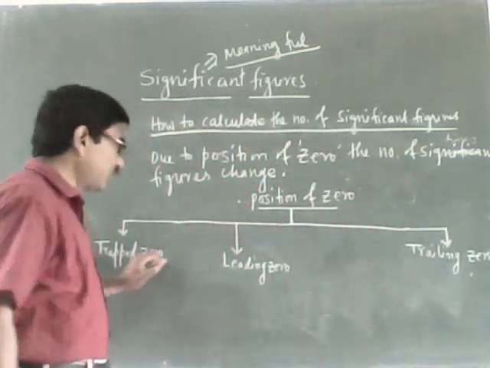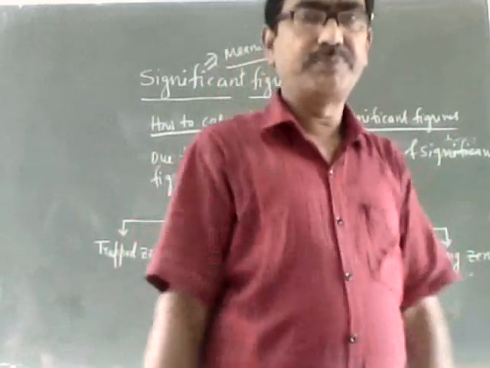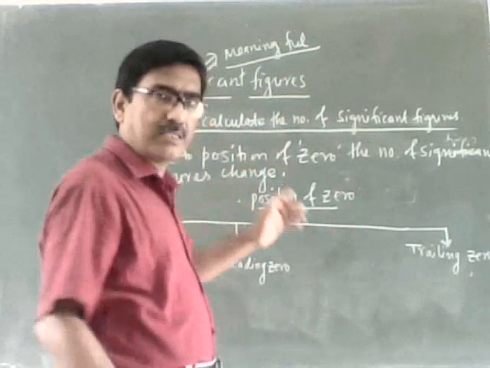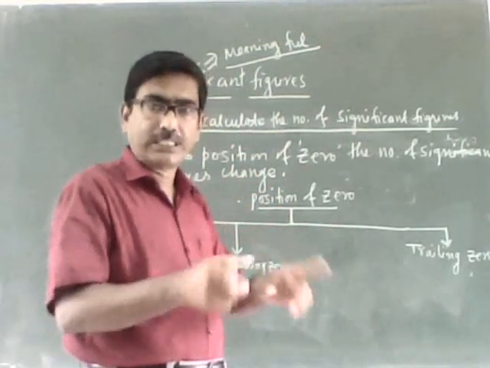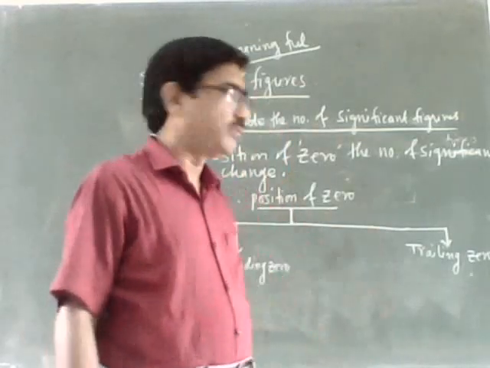What is called trapped zero? If a zero lies between two non-zero digits, then those zeros are called trapped zeros.